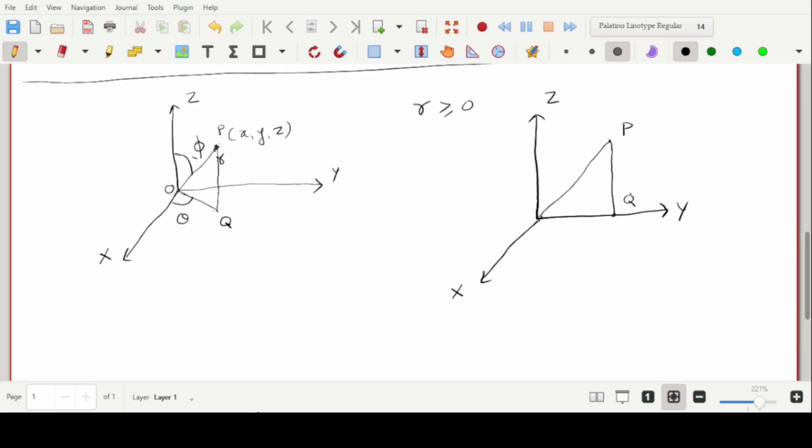Okay, so it is in this plane, but since P is in the YZ plane, this Q will lie exactly on this y-axis. So now theta is the angle that this OQ makes with the positive x-axis.